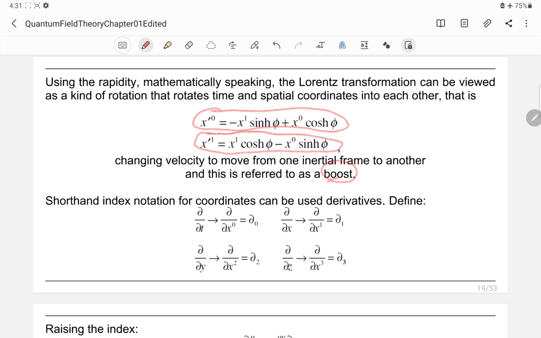Now we go to the shorthand index notation for coordinates used in derivatives. So for the partial derivative with respect to time, this is just this one. And as you can see here, it's partial with respect to x0, which is a contravariant, and this one you have a covariant.